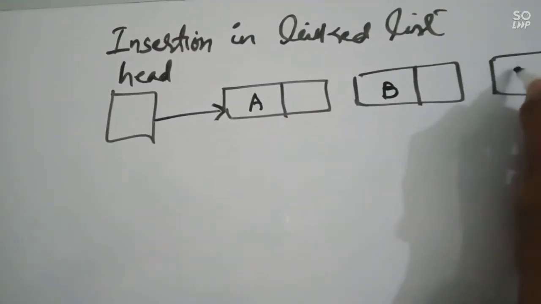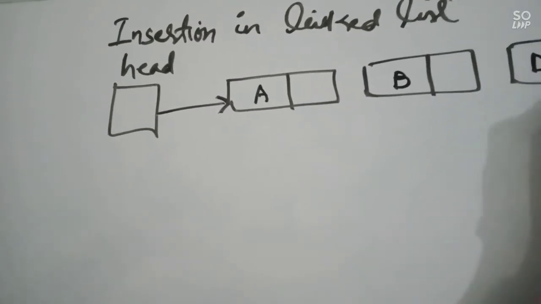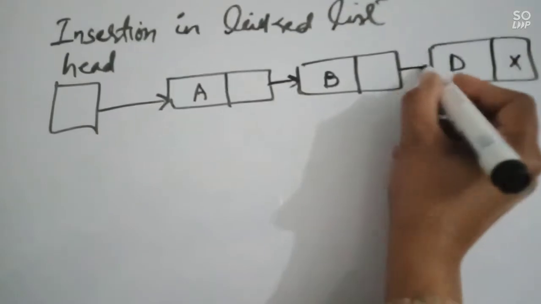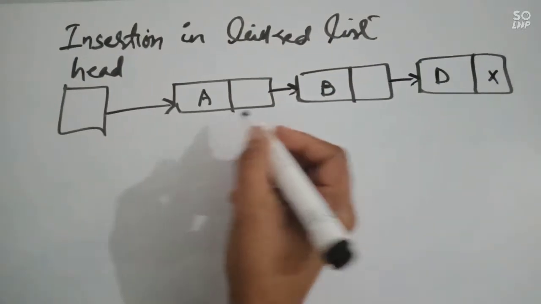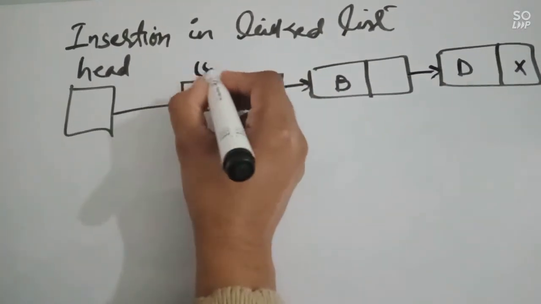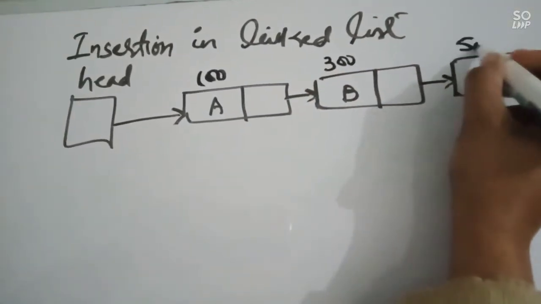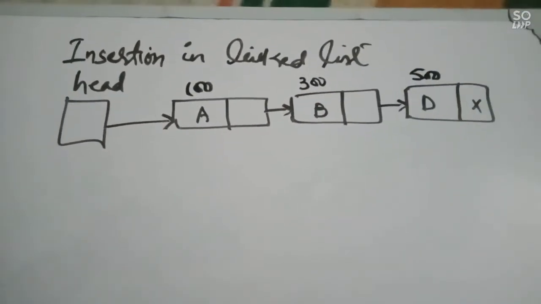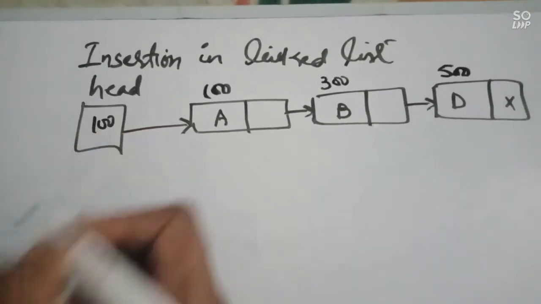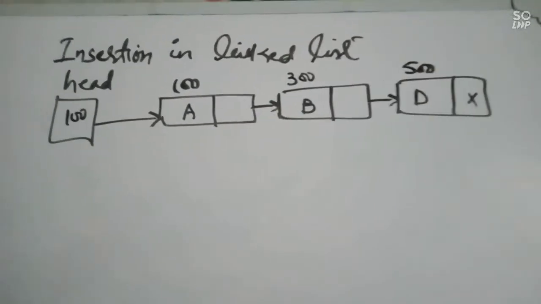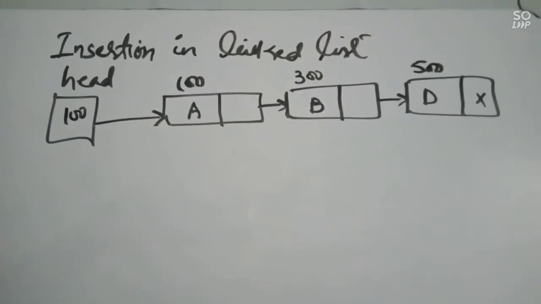Suppose the last field is None. This is the list. Suppose the addresses of these nodes are 100, 300 and 500. Head is pointing to the first node, so we will start from the first node.